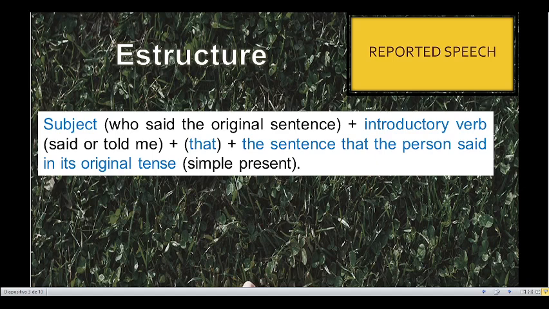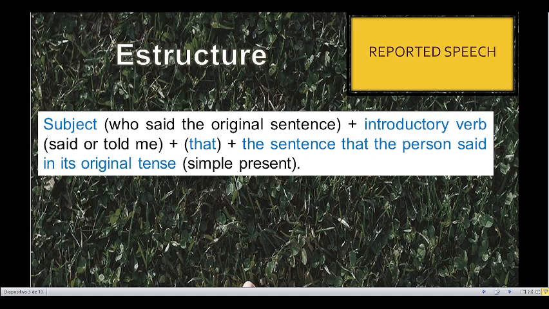Those are the most common verbs, or well, introductory verbs. Then the word that. It is optional. You can use it or not in reported speech, plus the sentence that the person said in its original tense. Remember, it is simple present.